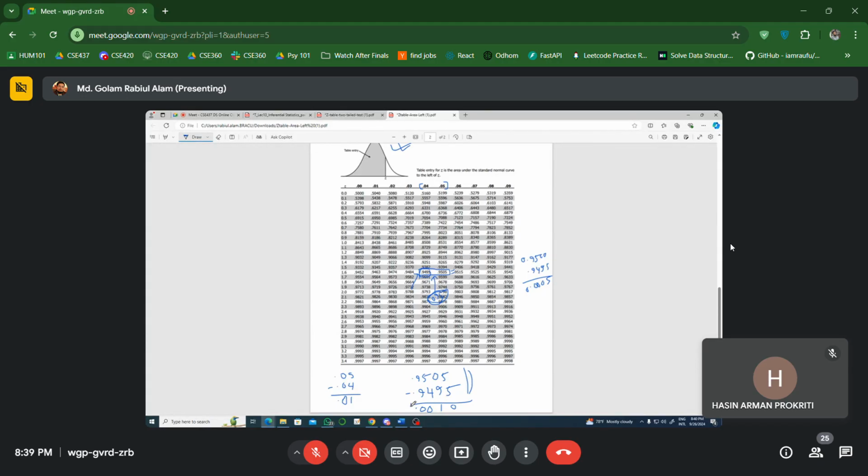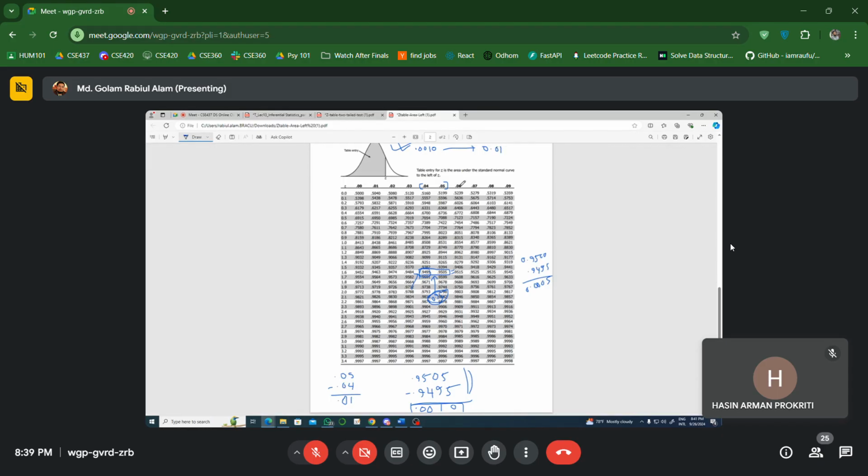Now for this difference, the value difference is 0.0010, and for this difference in value, the standard deviation difference is 0.01.